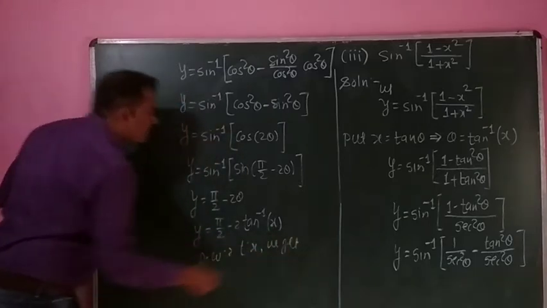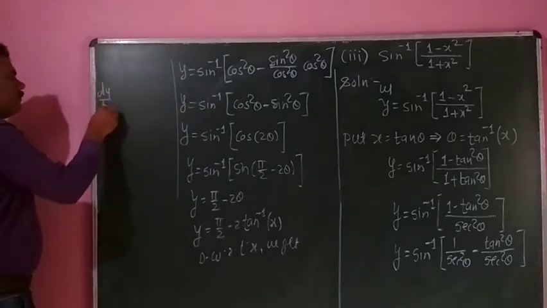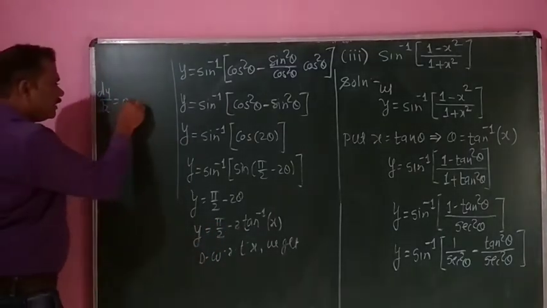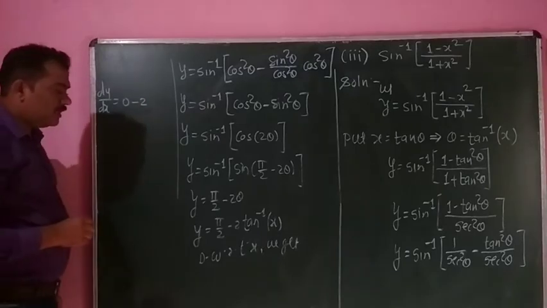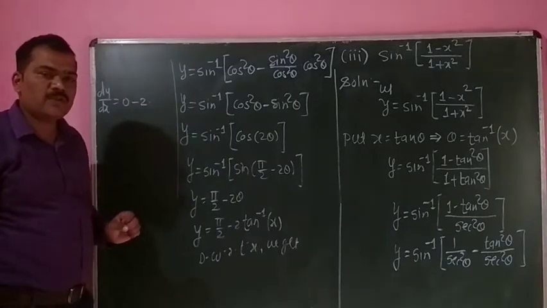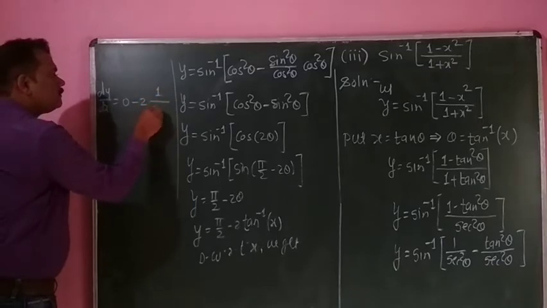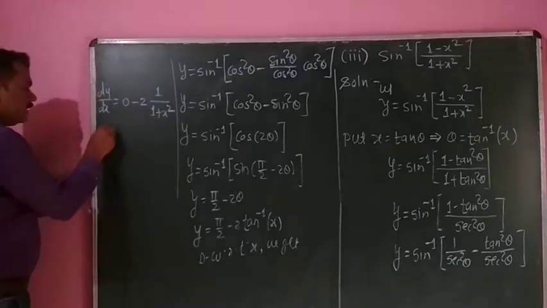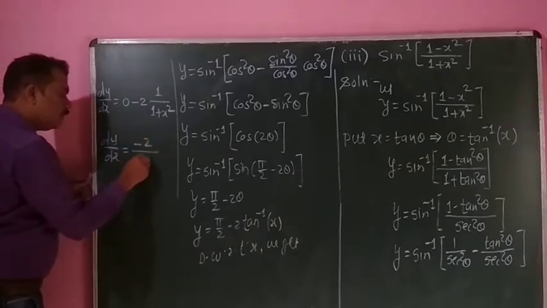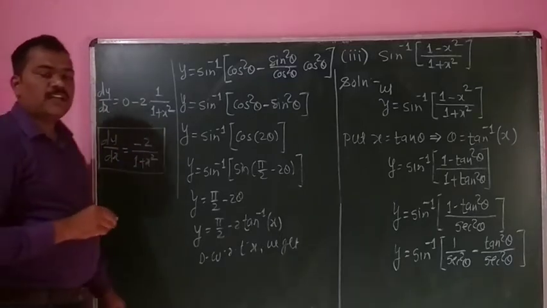We get dy by dx is equal to, pi by 2 is a constant, its derivative is 0, minus 2, the constant we take outside the derivative, into the derivative of tan inverse of x, which is nothing but 1 upon 1 plus x square. So we get dy by dx is equal to minus 2 divided by 1 plus x square, which is the required answer.